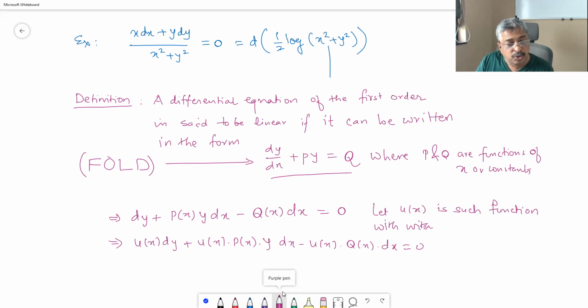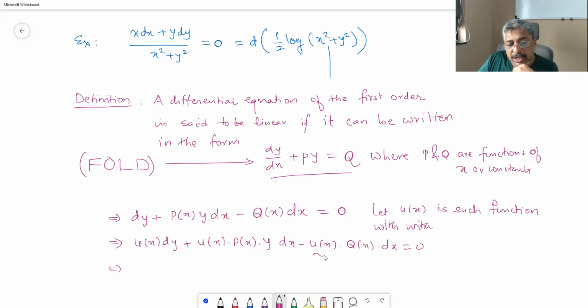Okay. So now what is left with us if we observe this equation?